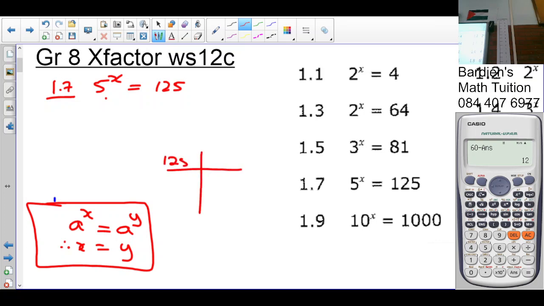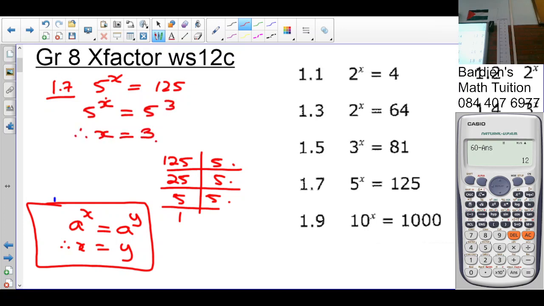So 5 goes into 125? 25 times. 5 goes into 25? 5 times. 5 goes into 5? So in other words, 5 to the x is equal to 5 to the exponent 3. Therefore, x is equal to? You guys understand? Okay.